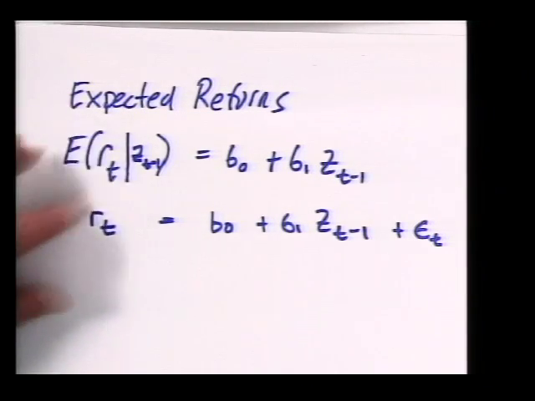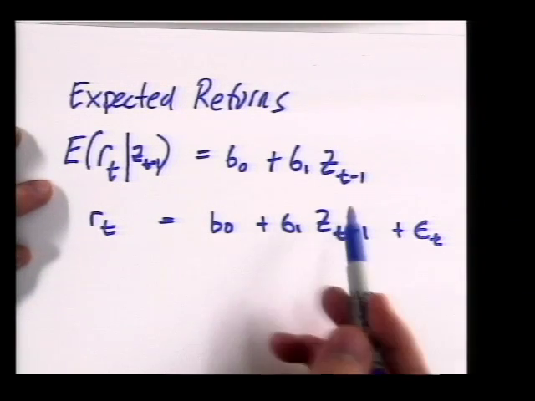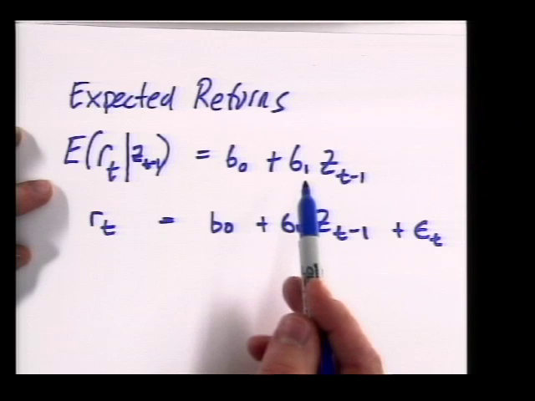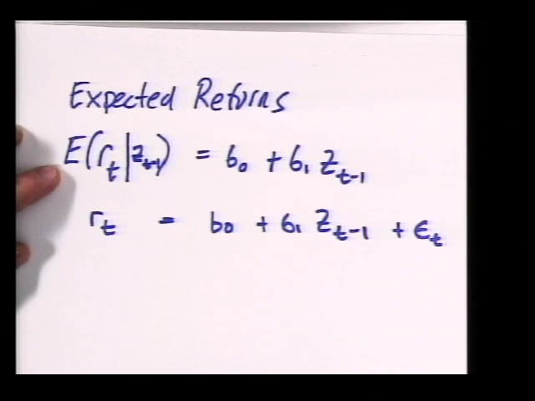So give me the term structure spread at the end of January 2001, and I'll feed it through this model, multiply by b1, and then add the intercept b0, and I'll get a conditionally expected return or forecasted return for February 2001. So there's just notation here.